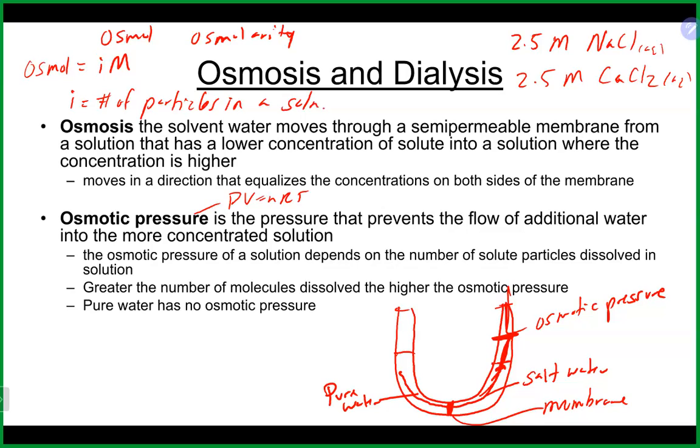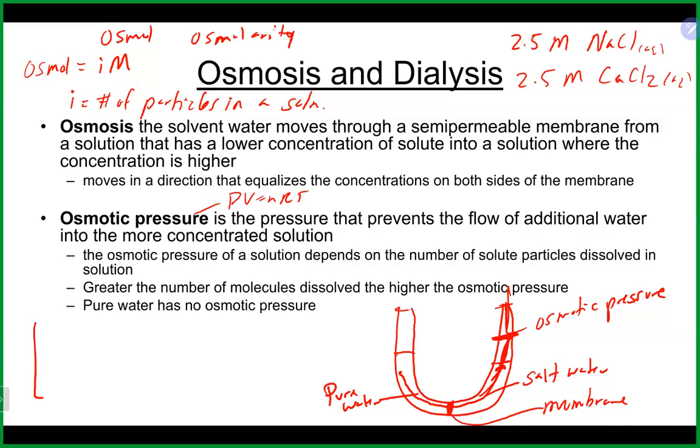So for example, if we look at both of these solutions, they both basically have the same concentration. They're both basically 2.5 molar. But there is a difference in what happens when both of those go for a swim.